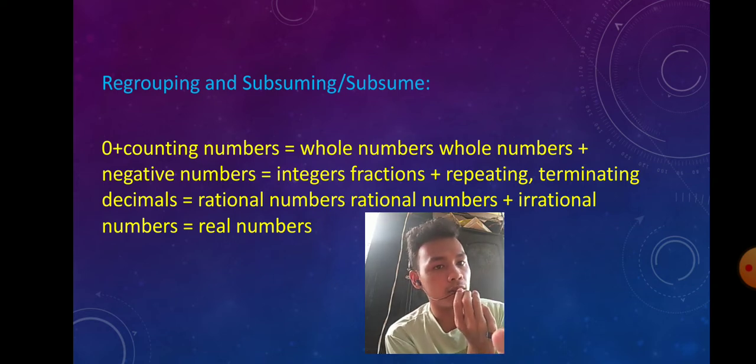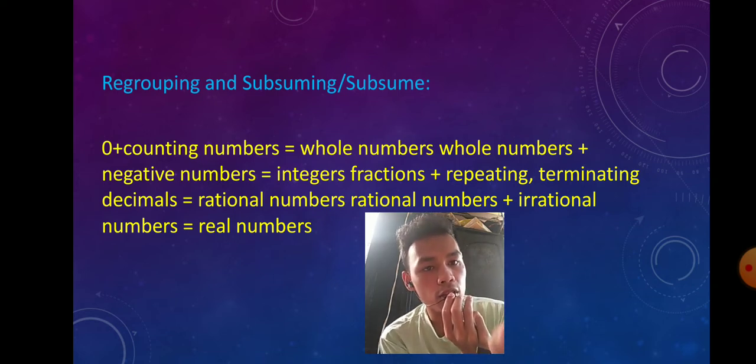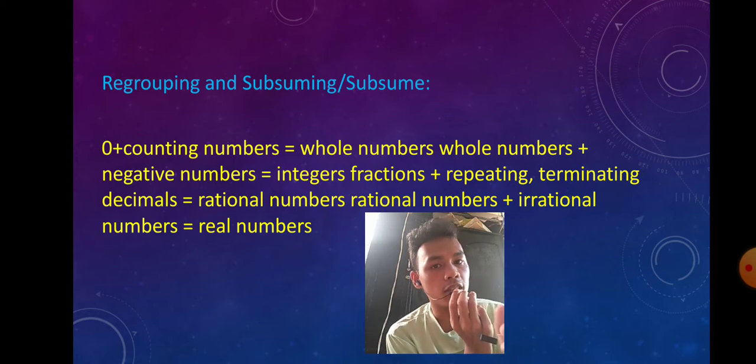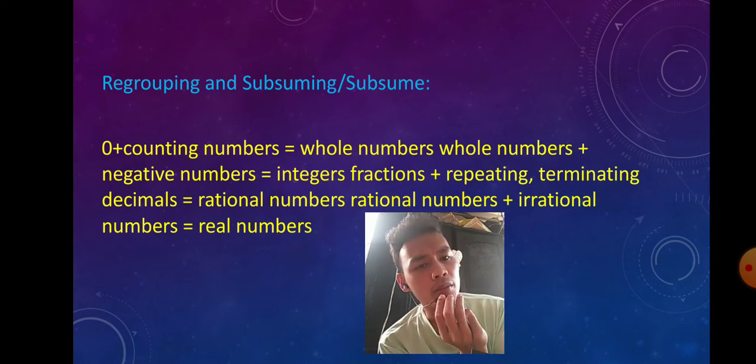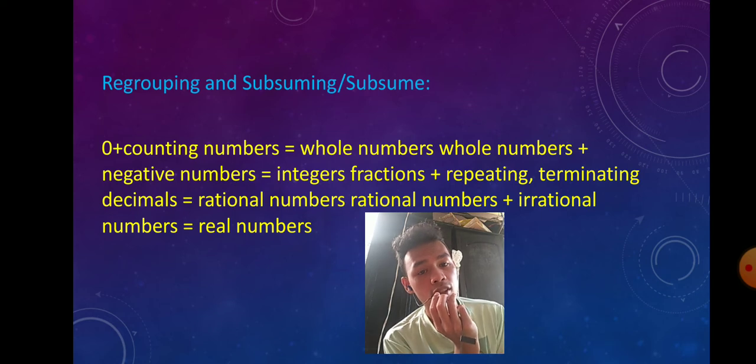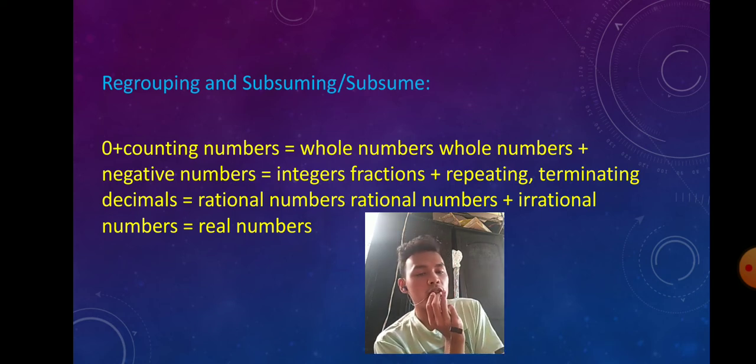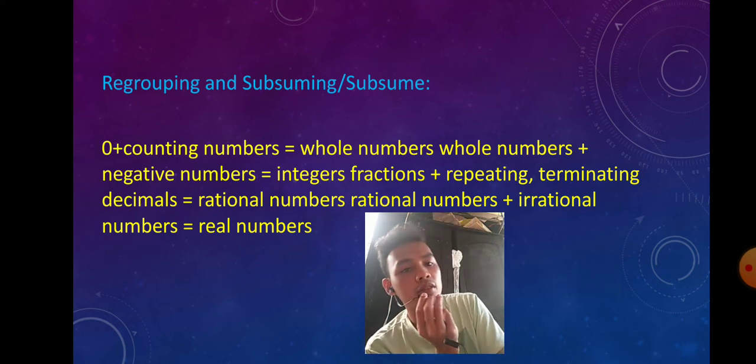We need to add those integers and fractions to the repeating and terminating decimals. Then the result would be rational numbers. Then the rational numbers added to irrational numbers. The last one is what we call real numbers.